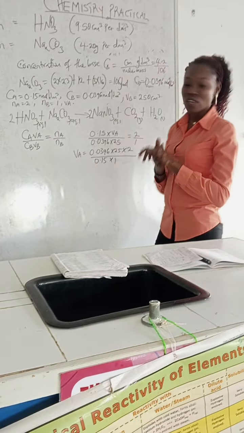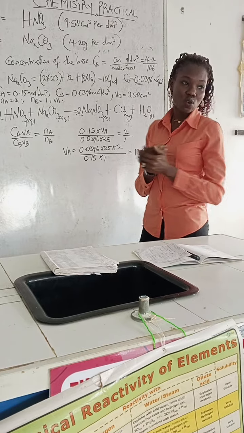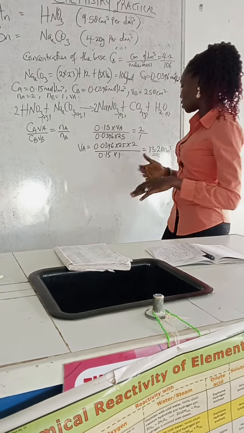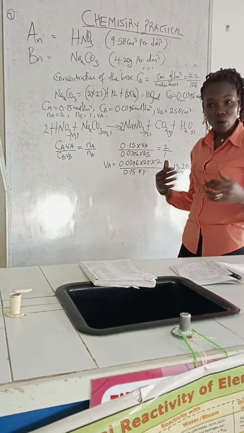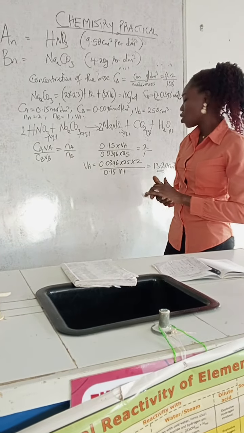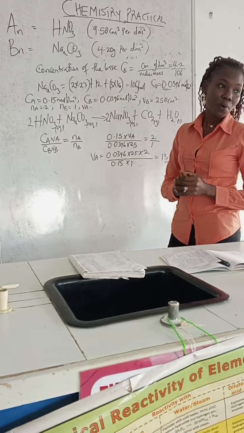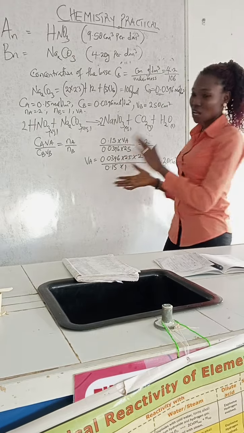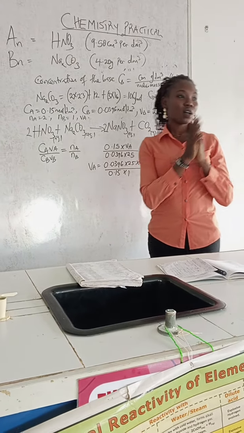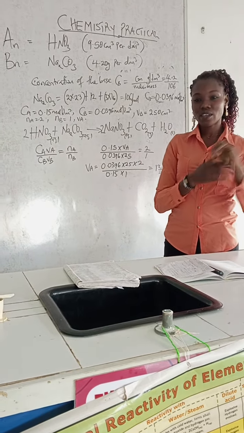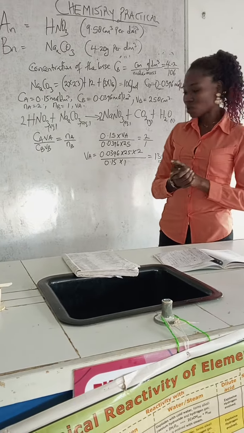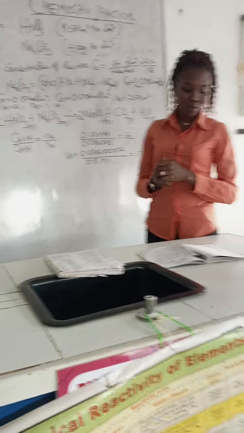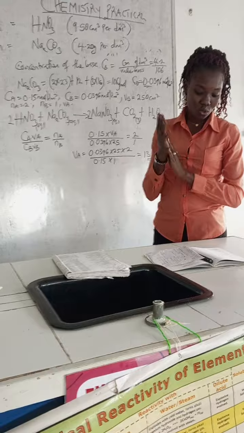If you exceed this, then something is wrong somewhere. You can get within the range of, let's say, 12 point something up to 13.2. So this is the theoretical one. Now let's go to the experiment proper and see if our hypothesis is going to be true.